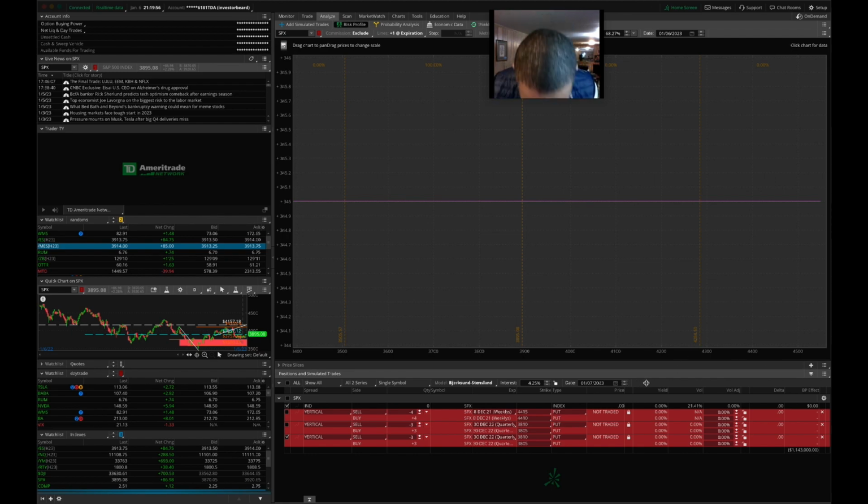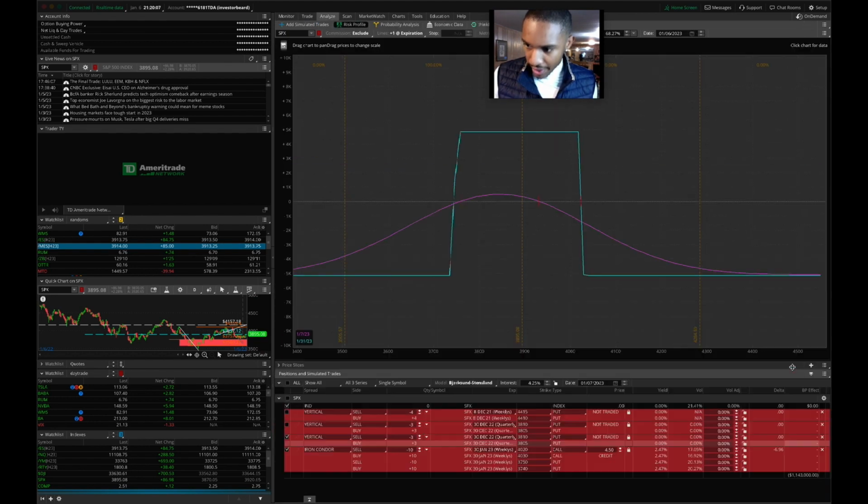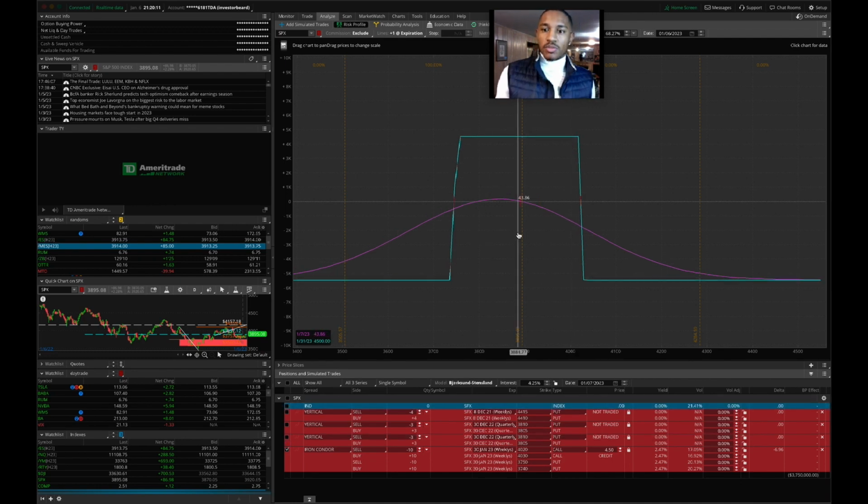So what does that look like? Okay. What does that look like on the Analyze tab? Boom. This is what the Iron Condor looks like. You can see that if we stay above the 37.50, we max out. If we stay below the 40.20, we max out.